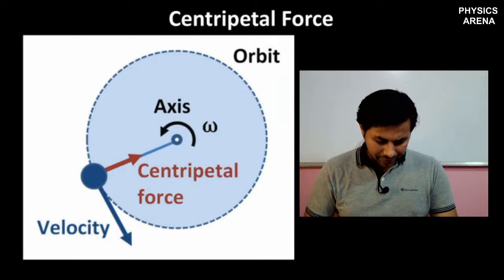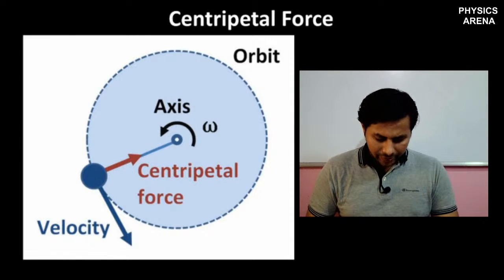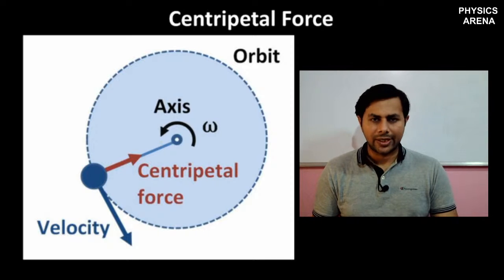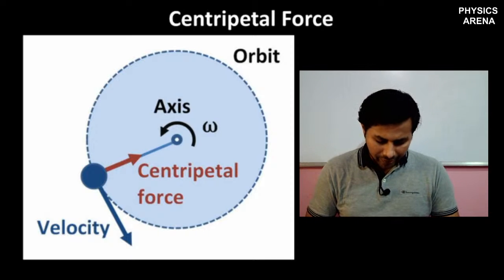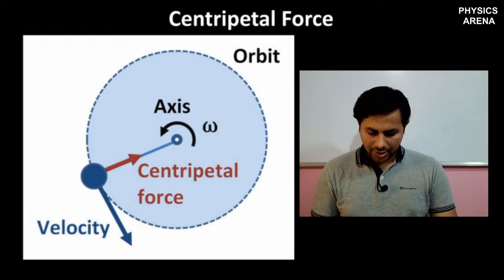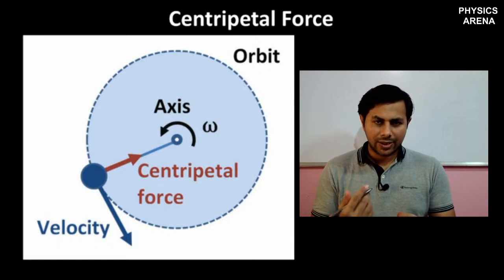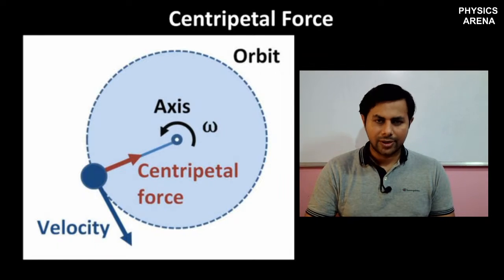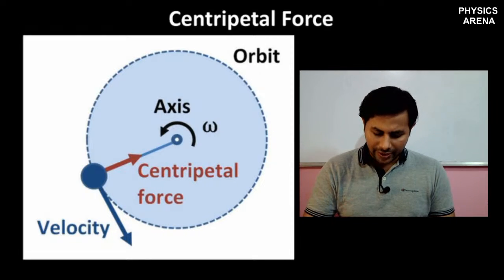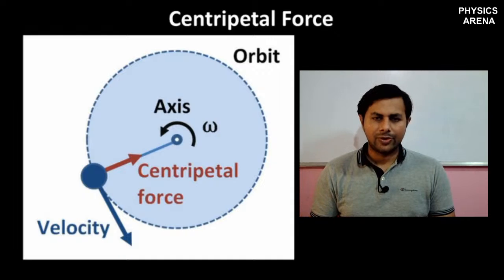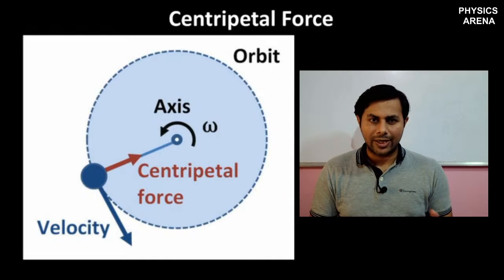So centripetal force, let's suppose for the case of a stone tied to a string, is provided by tension in the string. For planets revolving around the sun, the centripetal force which keeps them attracted towards the center of their orbits is the gravitational force exerted by the sun on the planets.